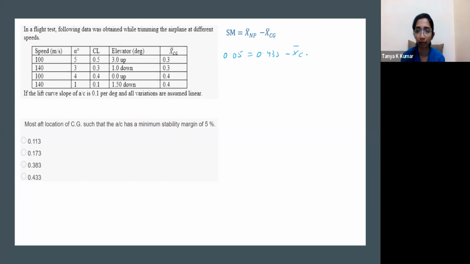Now what is the x̄_CG? What are they asking you to find out? x̄_CG. How much is that value? We just do that calculation. Just subtract this. You should be able to do it from here. I'm not going to do it.